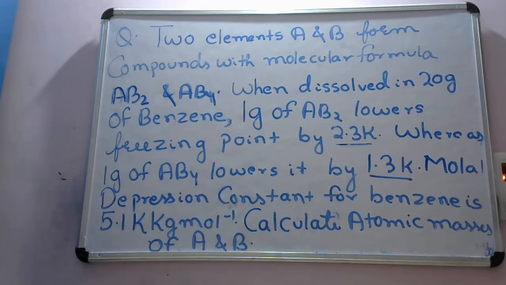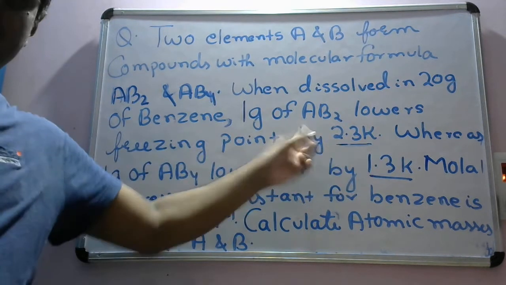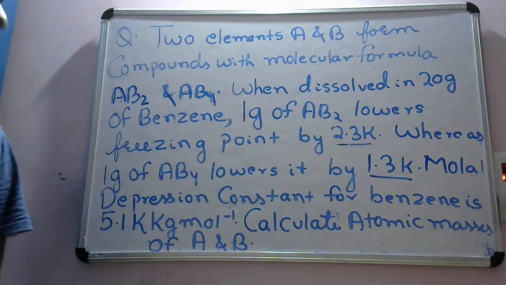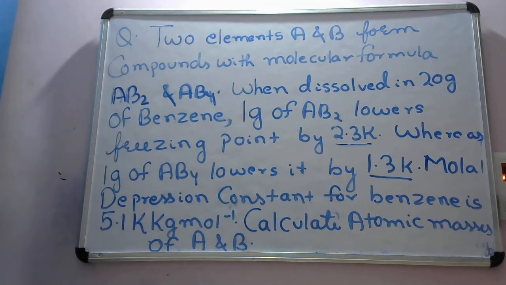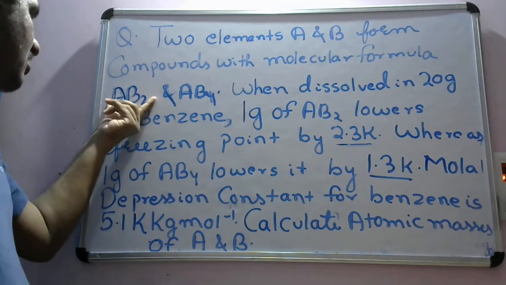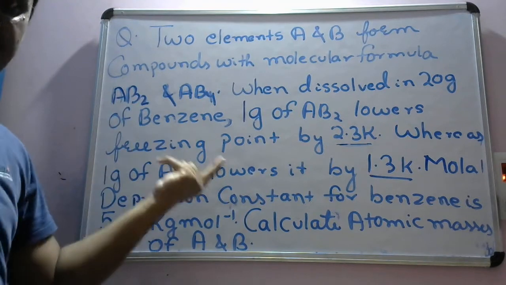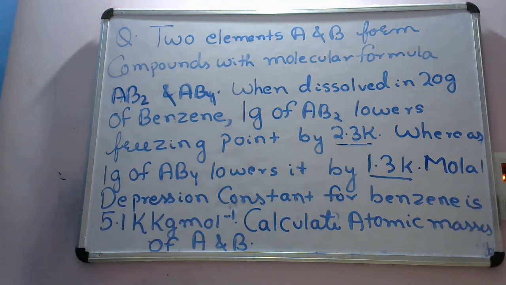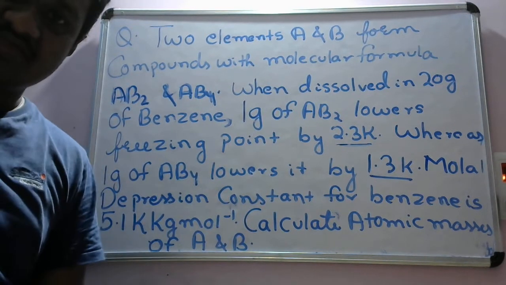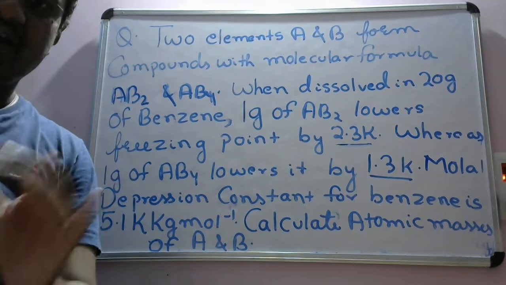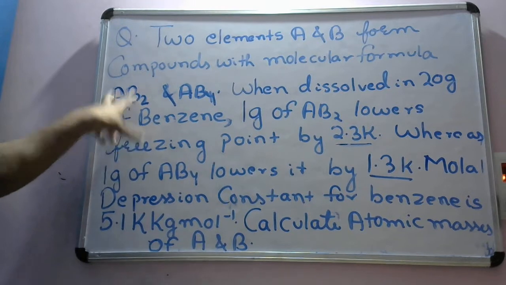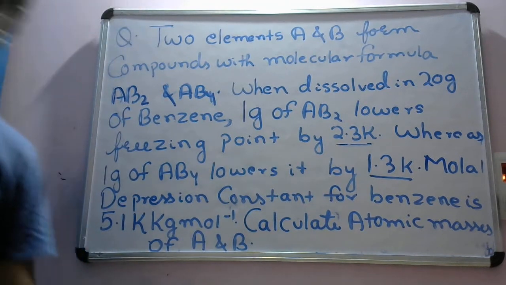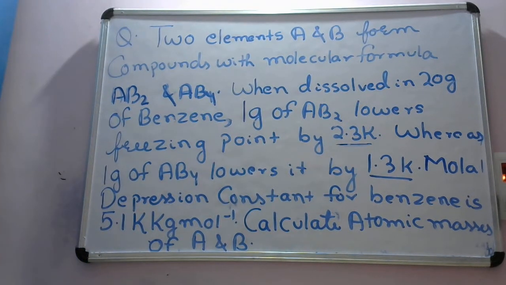The molar mass will also vary, because the molar mass is the sum of atomic masses, and since the molecular formulas are different, the molar mass will obviously be different.